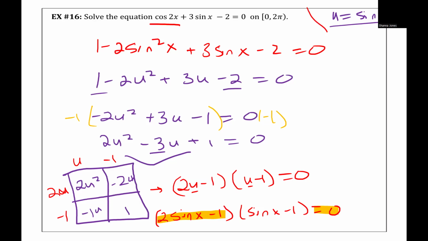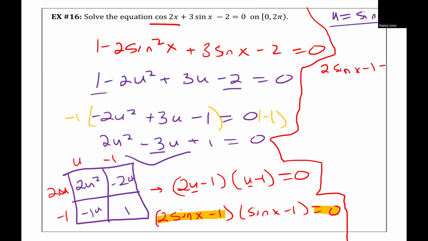So we have 2 sine x minus 1 equals 0, which is going to give me sine x equals 1/2.